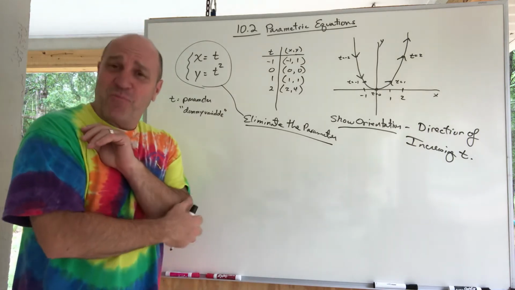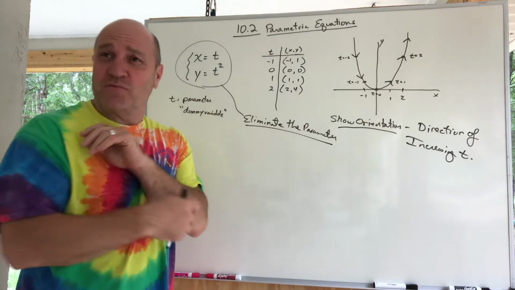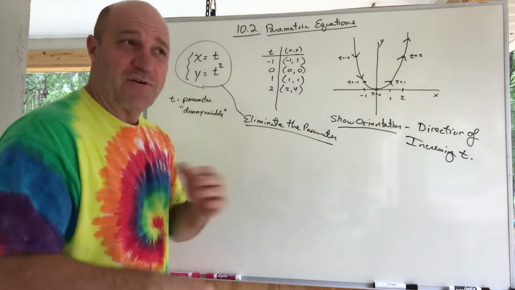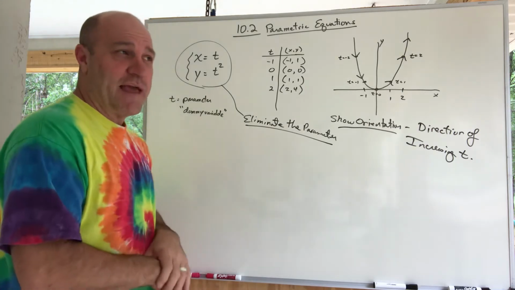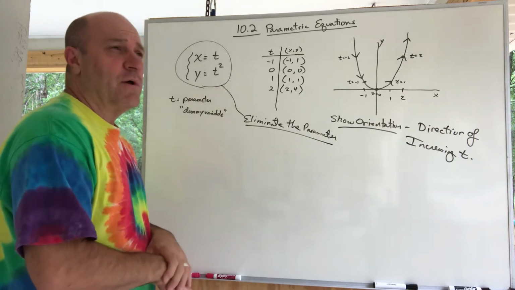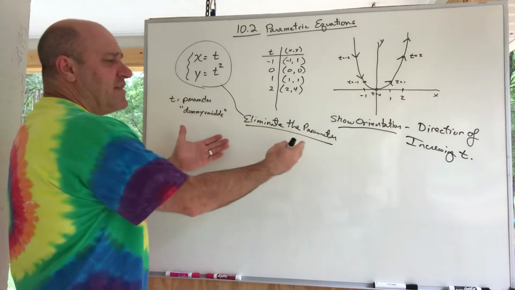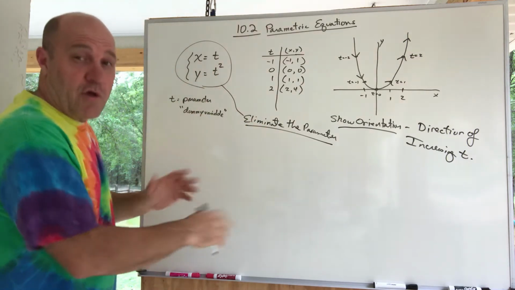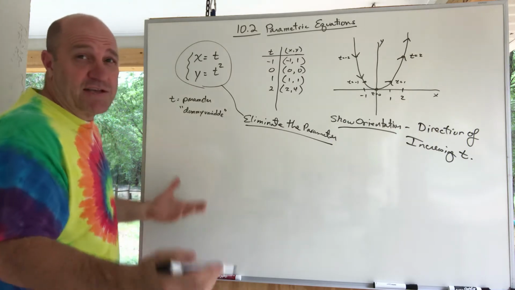By the way, when we're working with X's and Y's, those were always rectangular coordinates. And so we start learning some new language here in Chapter 10. So when you eliminate the parameter from the parametric equation, you find the rectangular equation, which is the relationship between X and Y.